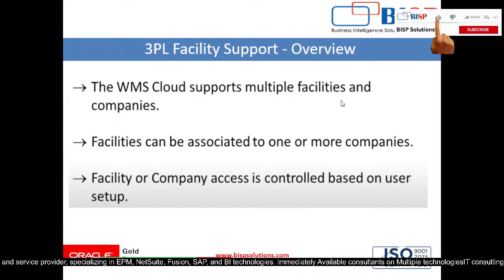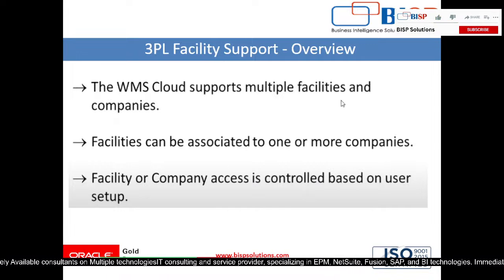With 3PL, you may have multiple retailers and materials in there, and you can separate those out. We control this based on the user setup, how your user is set up. Based on the user setup, you can manage our facility in our WMS cloud.